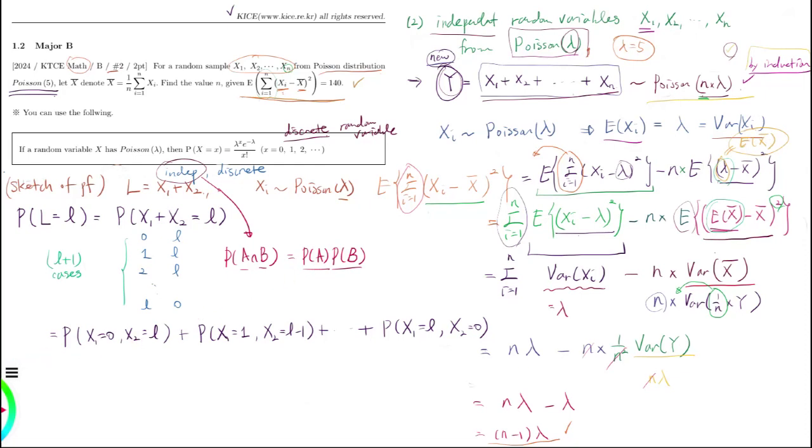So the first term is the probability of x1 equals 0 times x2 equals small l, and this term is the multiplication of x1 is 1 and the probability of x2 is small l minus 1, dot dot dot, and this is the multiplication of two probabilities when the random variable is small l and when the random variable is 0 here.